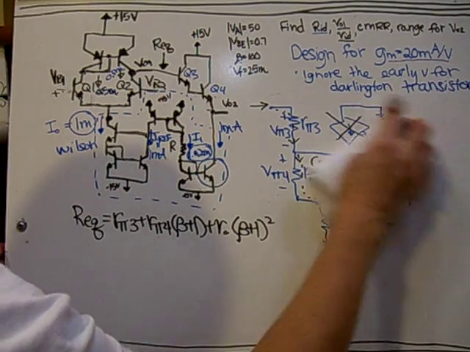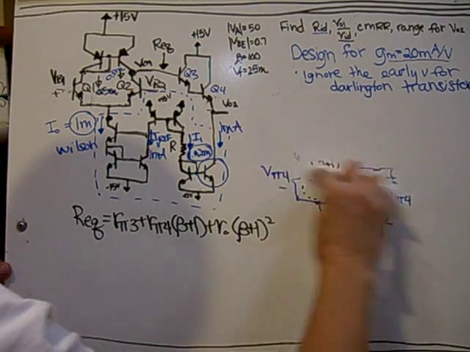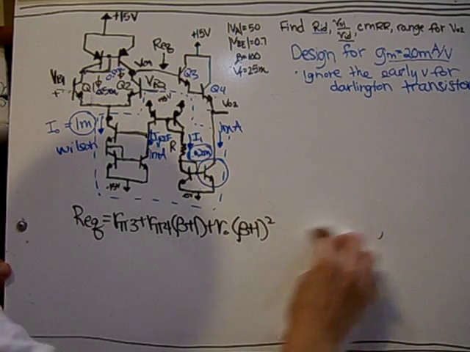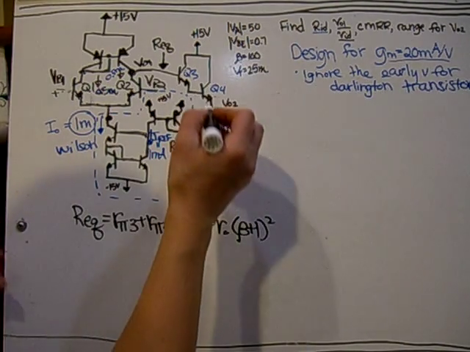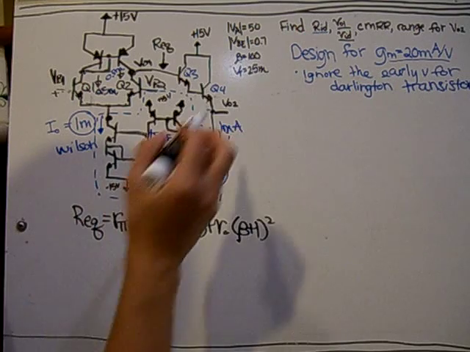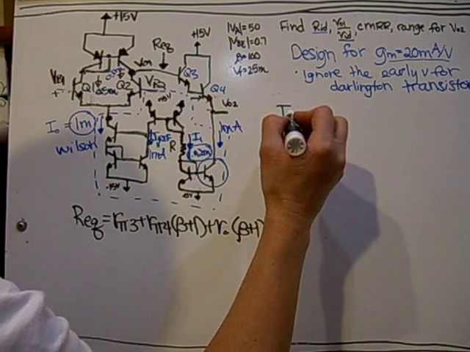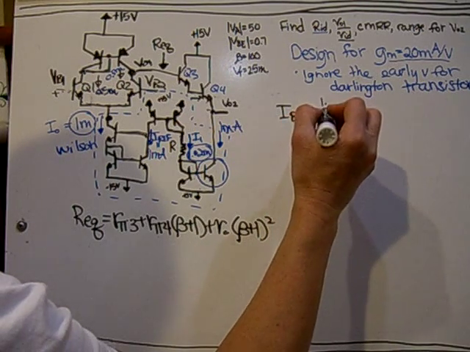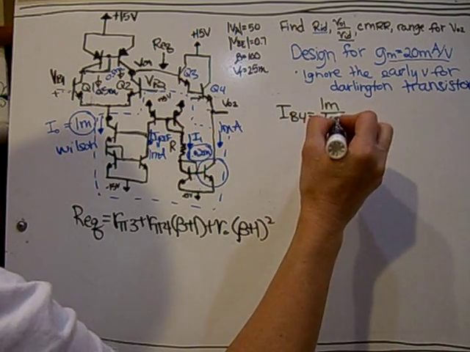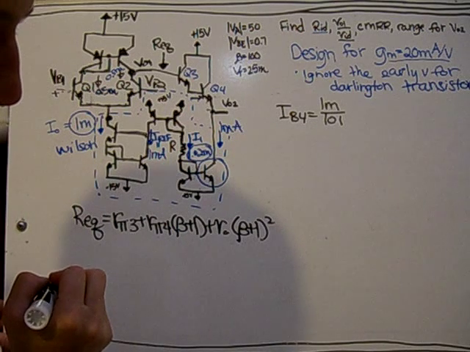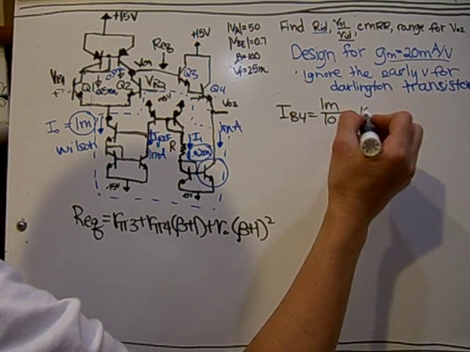Now to find the R pi's, I need to go back and find the DC currents. I know that 1 milliamp is biasing the Darlington, so I can reflect that into the base current. IB4 is going to be 1 milli divided by 101. That's 10 micro.